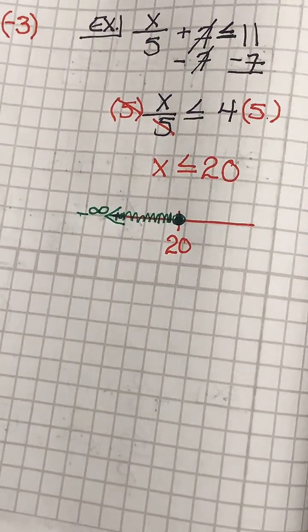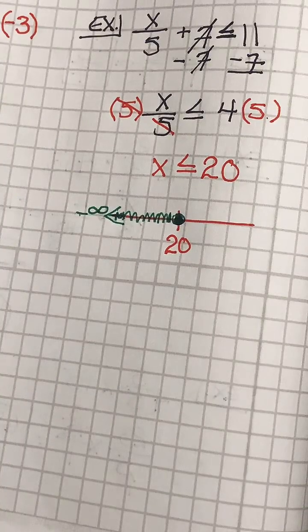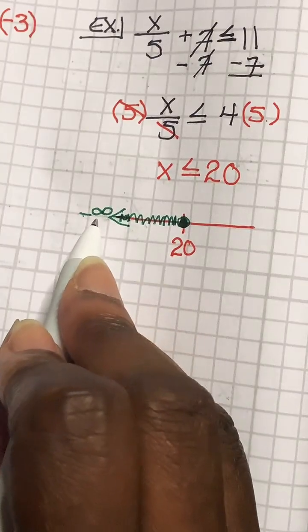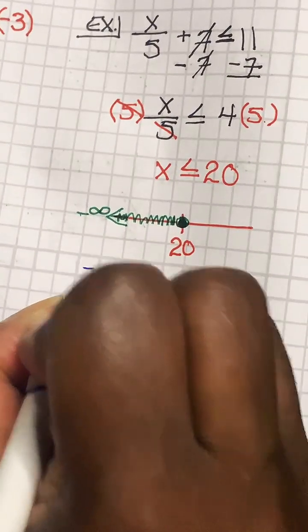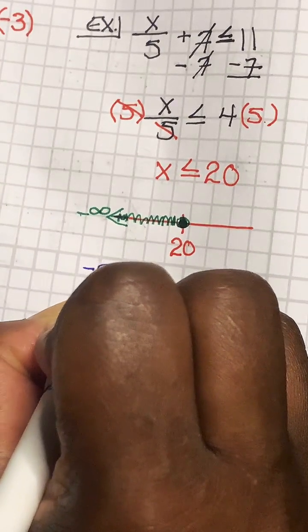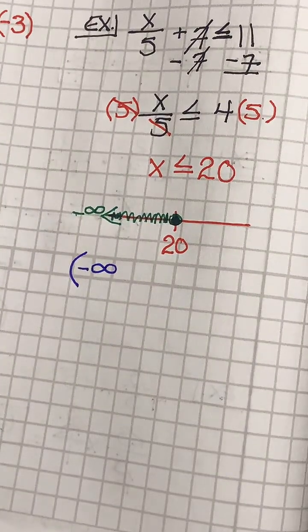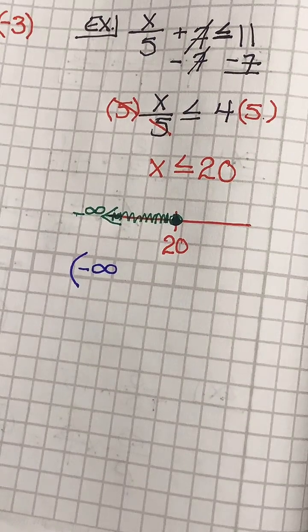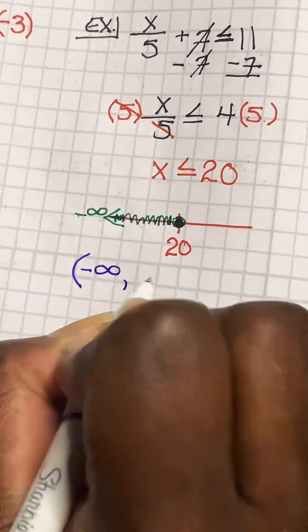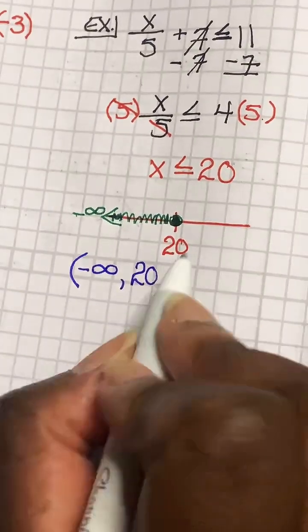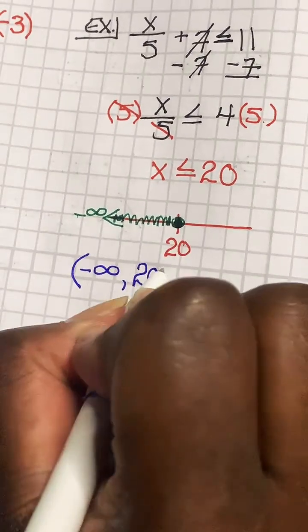If I were to do it as interval notation, always start with the lowest number, which is going to be negative infinity. And infinity symbols, regardless if it's positive or negative, always get a parenthesis. My highest number is 20. And since it is a dot, it's closed.